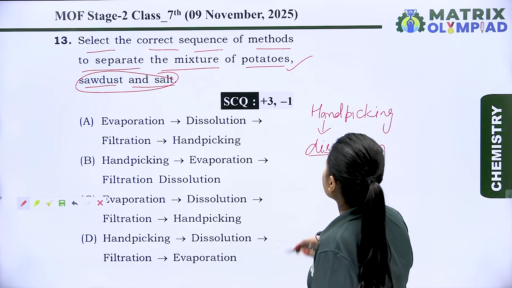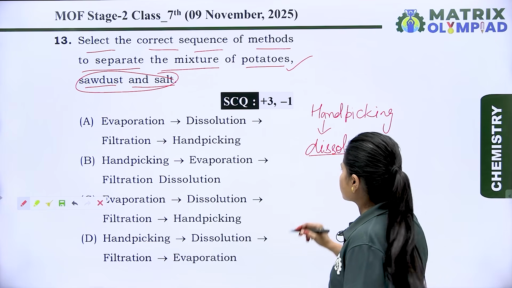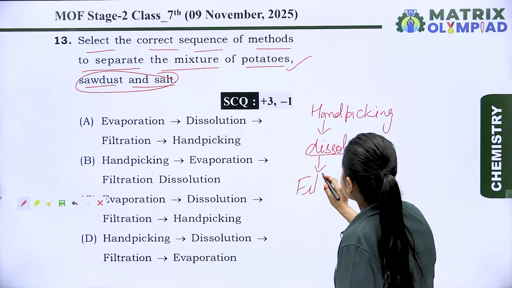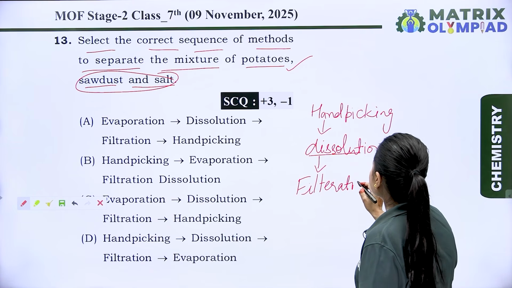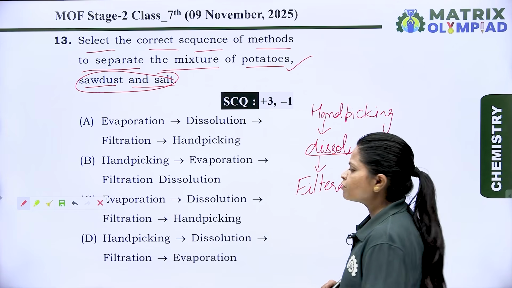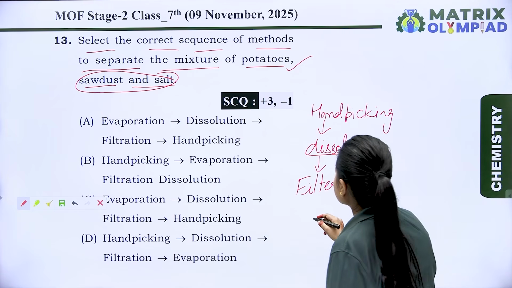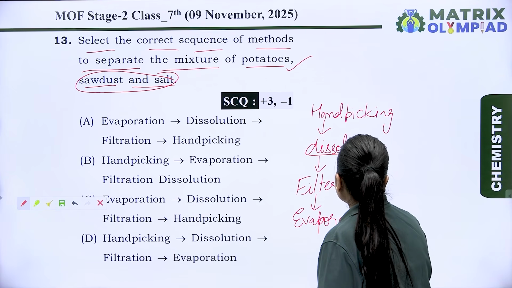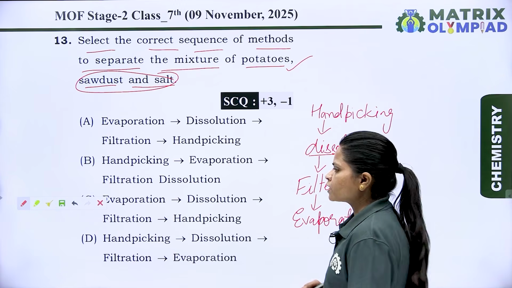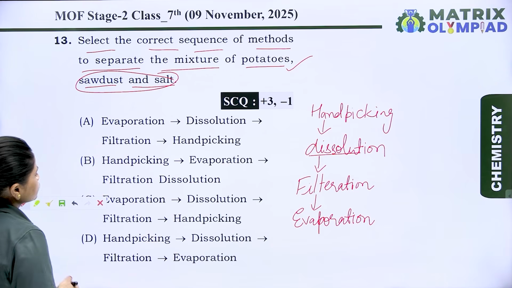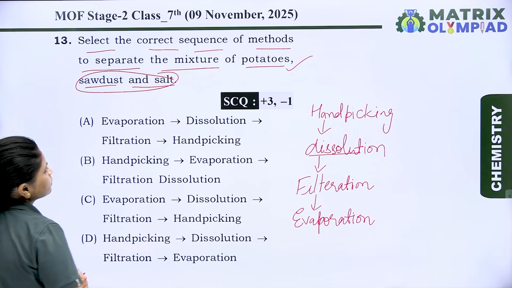So we have to take the next process, dissolution, and after dissolution we can filter the sawdust by the filtration method using filter paper, and after this by evaporation we can evaporate water and get salt.